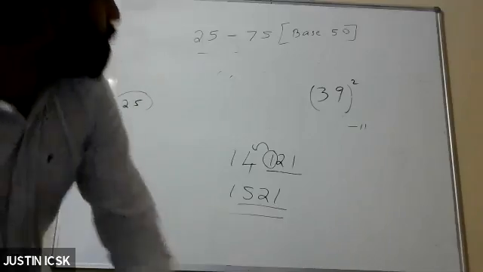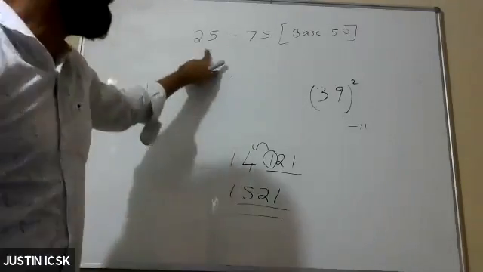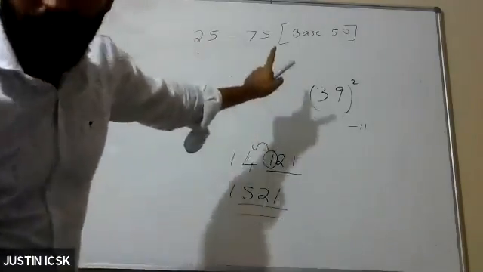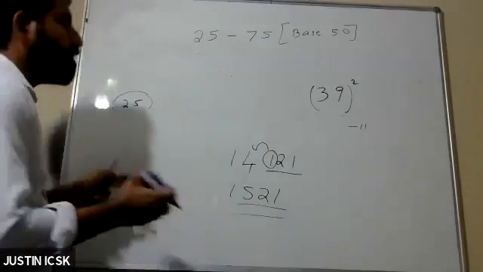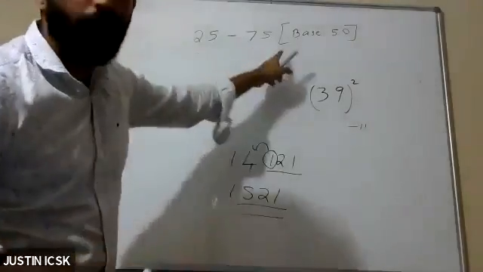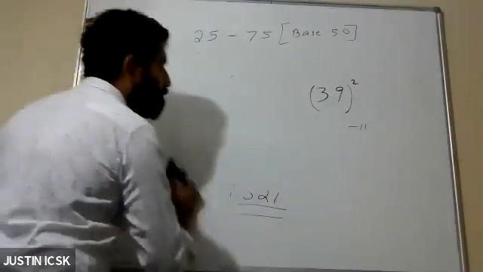But don't forget, between 25 and 75 only we can do this method. This is a specific method for numbers between 25 and 75.